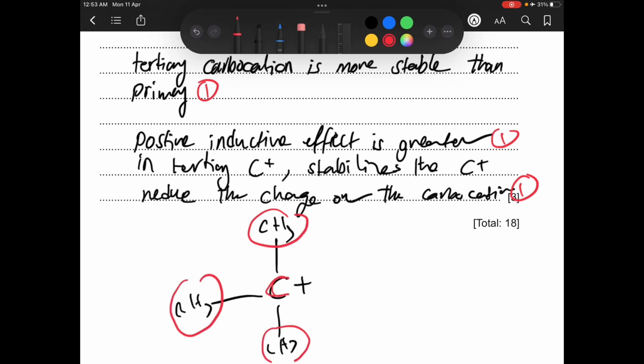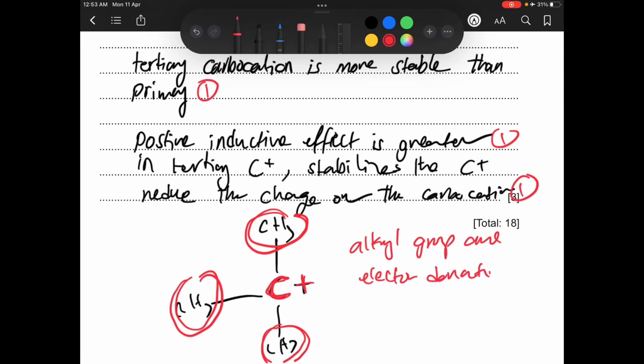So the carbon here, which is a positively charged species, feels the charge, which makes the carbon unstable, but as a result of the three alkyl groups, it decreases the effect of these charges. The reason behind that is that the alkyl groups are electron donating, and that's why they decrease the effect of the plus charge on the carbon, or carbocation.